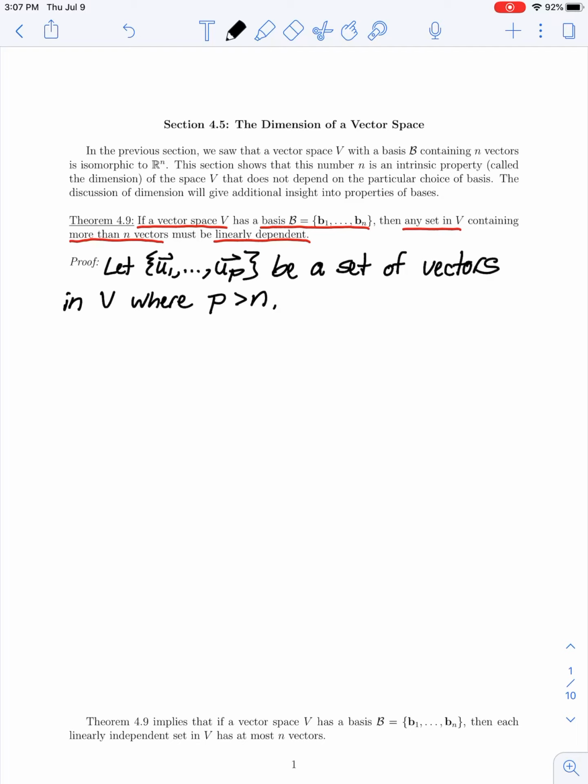So let's take a look at the coordinate vectors.